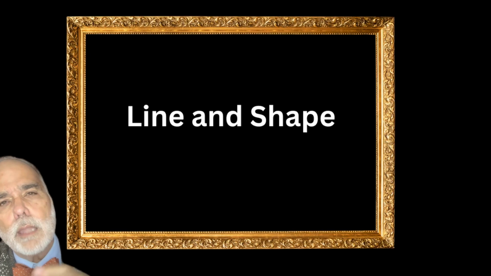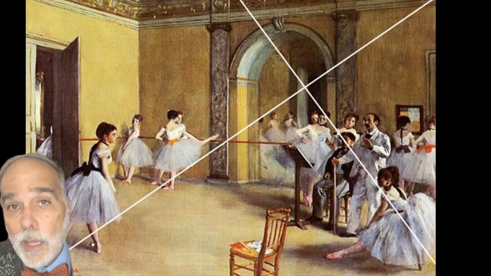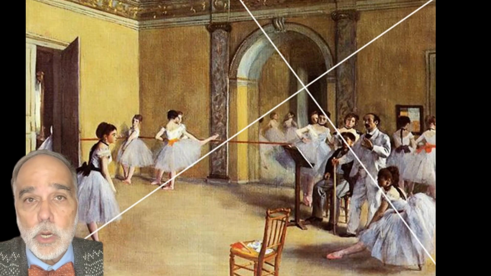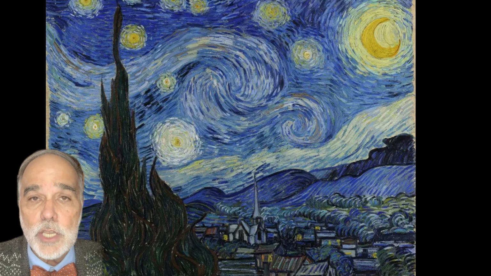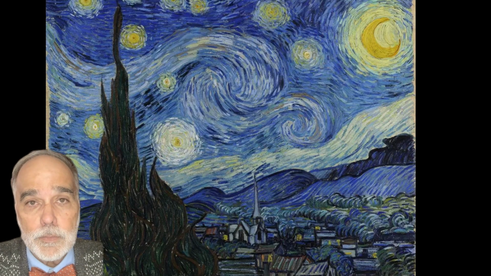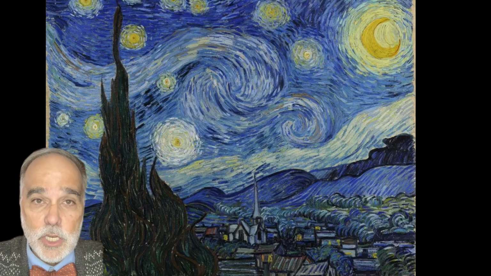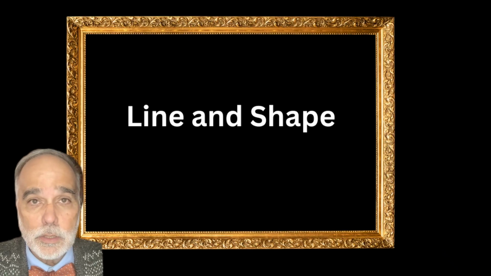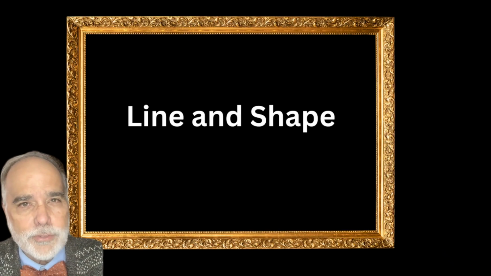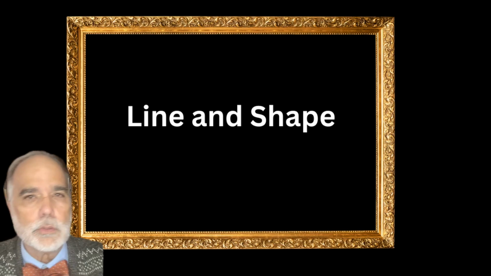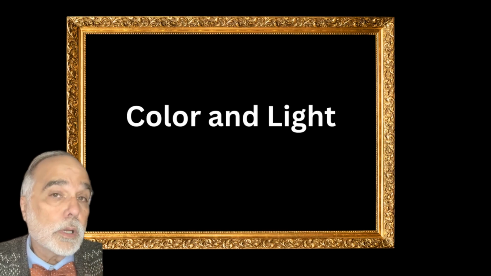Number three, line and shape. Lines guide you. Sharp, clear outlines suggest order and stability. Flowing, jagged, broken lines, well, that suggests energy or tension. Also look for soft curves or sharp angles. Number four, color and light.